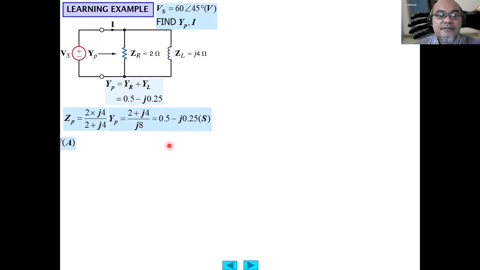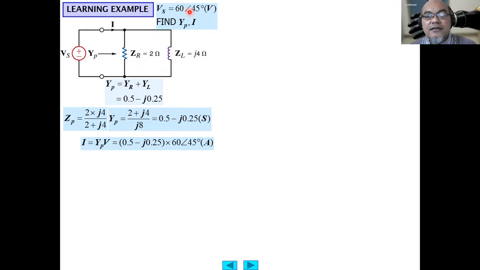Then the current will be equal to the admittance multiplied by the voltage. So 0.5 minus J 0.25 times the voltage, which is 60 with the phase angle 45 degrees. This is not yet operable, because one is still in complex form and the other is already in phasor form.